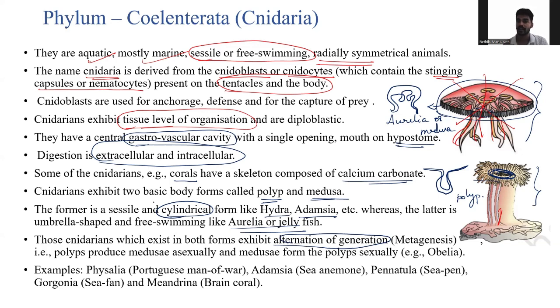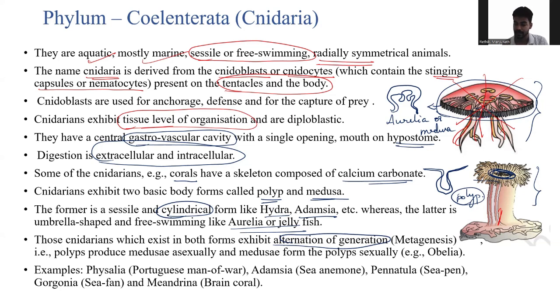What happens is, the polyp that I have shown you through the diagram normally produces the medusae asexually, and the medusae form the polyp sexually.